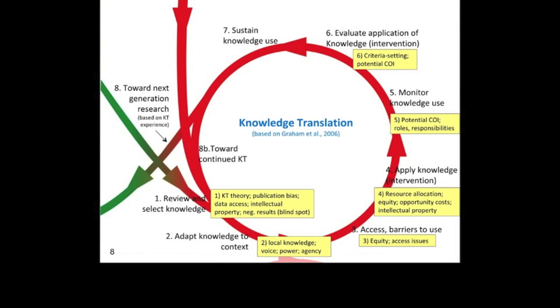This is evaluating, is getting the results. So once the knowledge is used, what happens? Does it really make a difference? And what are the criteria that we are using to measure differences?